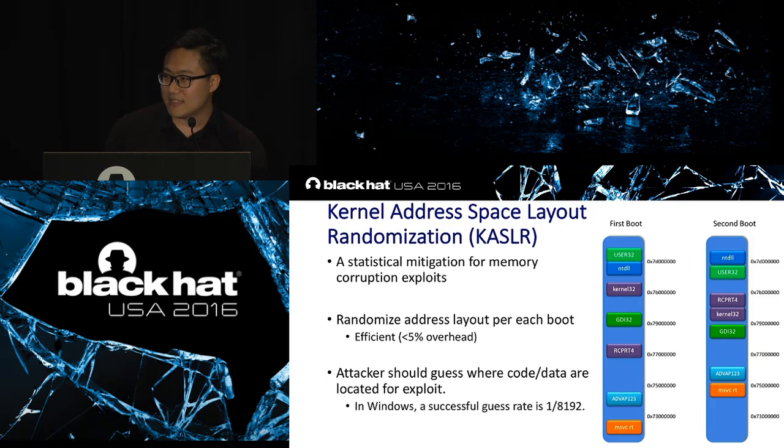Since it randomizes the location of the code and data, the attacker needs to figure out where the code or the data is to launch a successful attack. It is a very effective mitigation. For example, in Windows, there are over 8,000 locations where the kernel can be located, so the attacker's chance of success is less than 1 over 8,000.